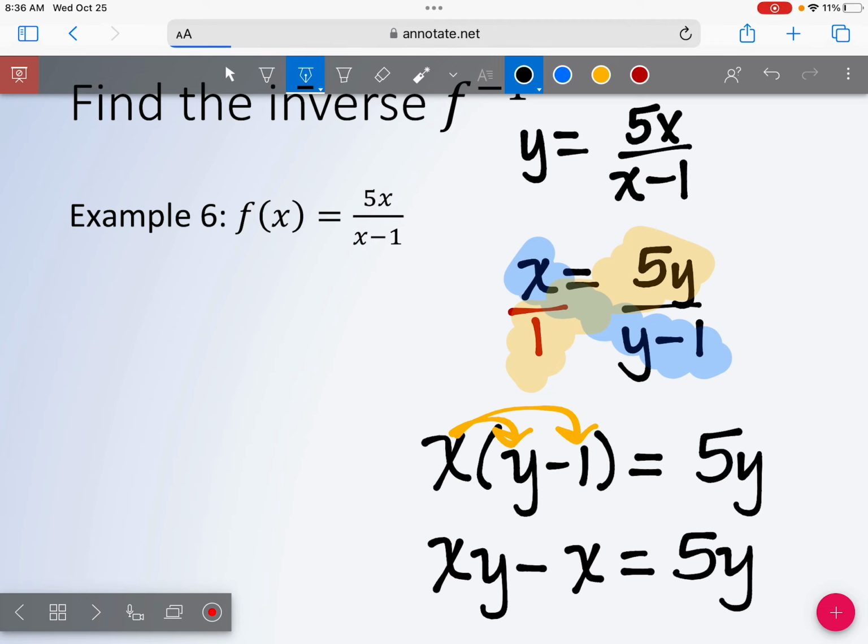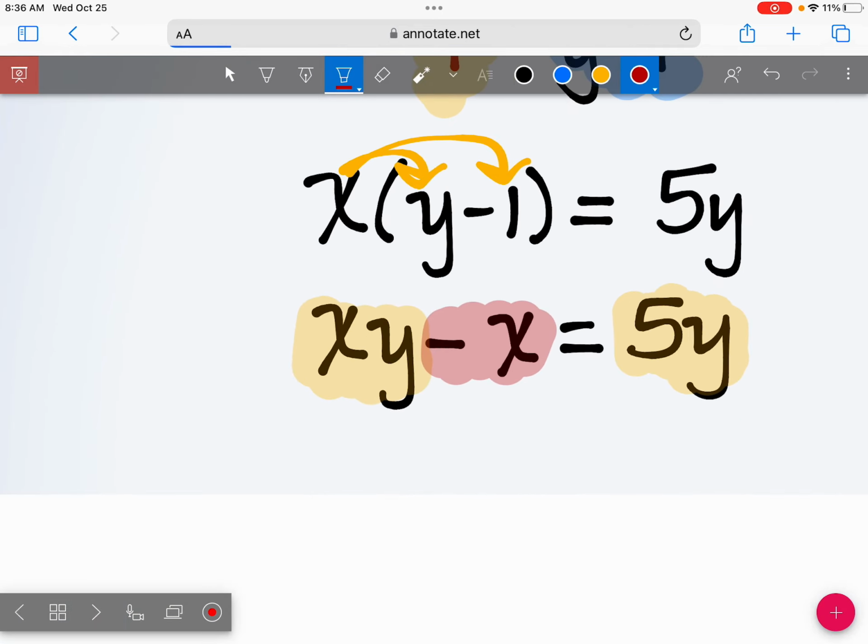So what we need to do is bring all the terms that have a y together. So these two, because I have y in 2 different places, they need to come together on the same side. And then the terms that don't have a y can be on the different side. So I need to move this yellow term over so it can be with the other term with the y.